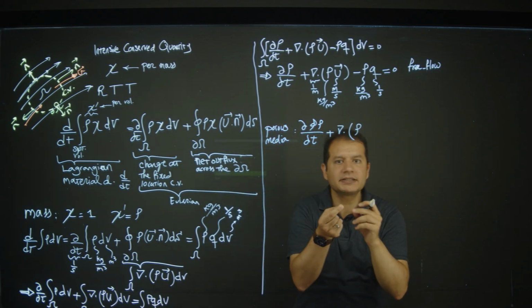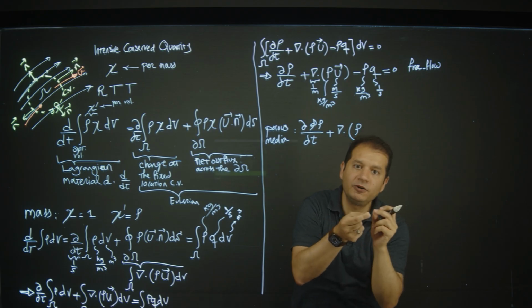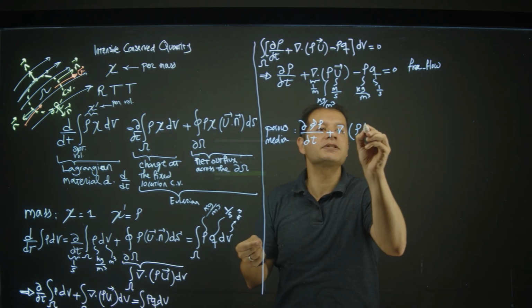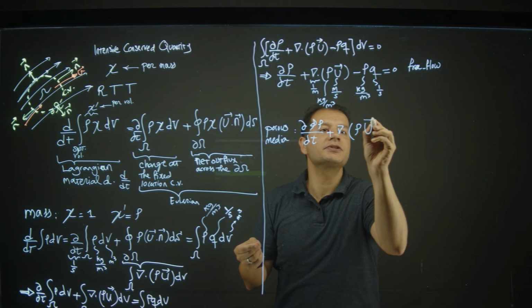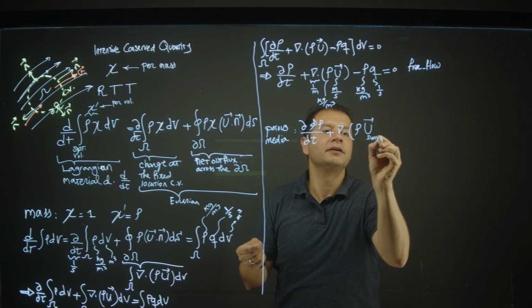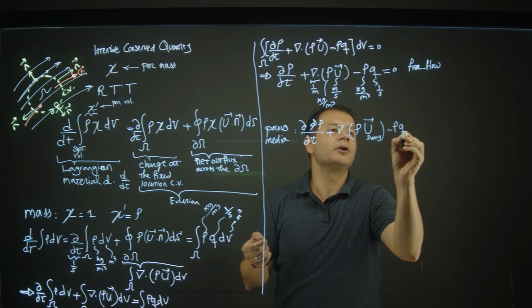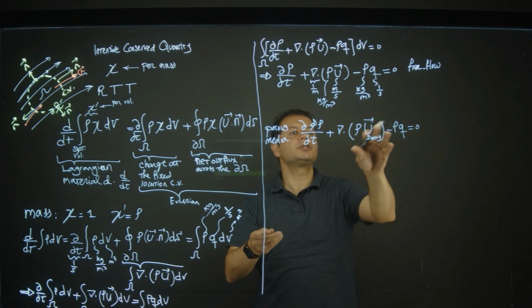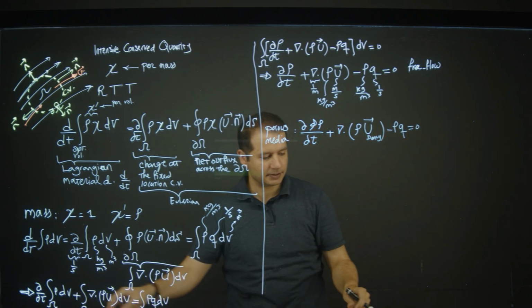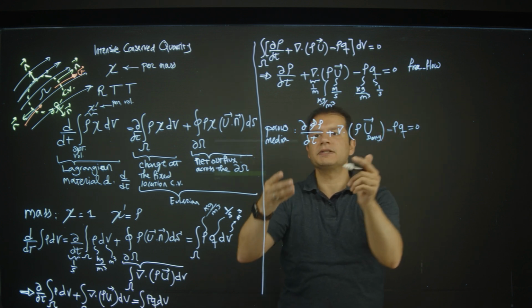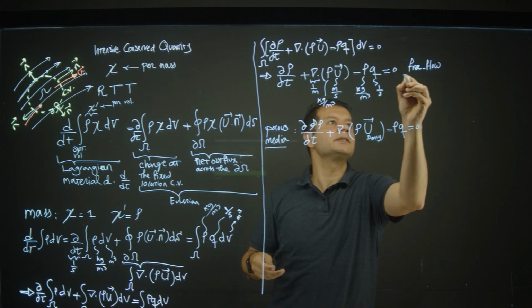Now it's porosity times velocity of the fluid, which will be the Darcy velocity. So that's the Darcy velocity. That minus rho Q is 0. Or I can put it equal rho Q. That doesn't matter, I can write it, but just to be the same. So this is porous media, this is free flow.